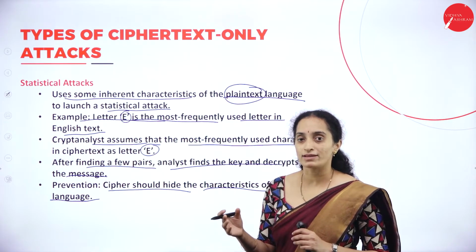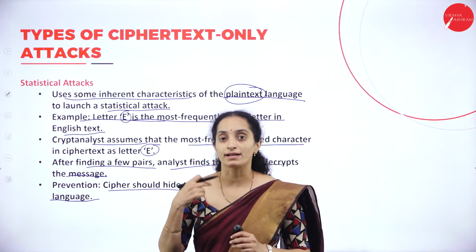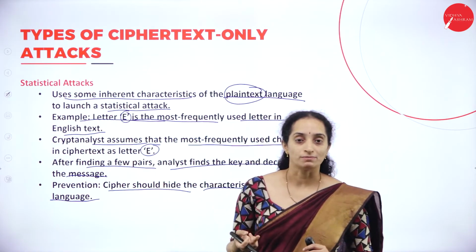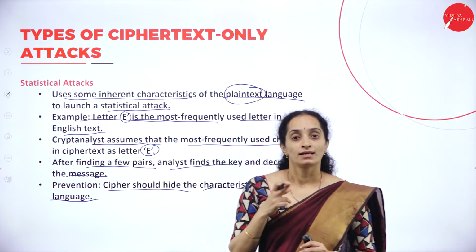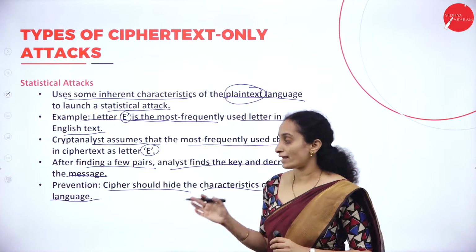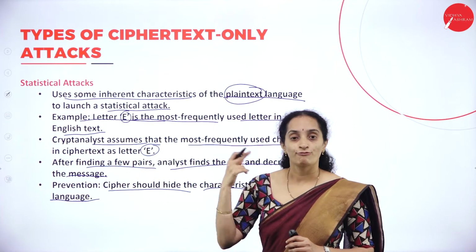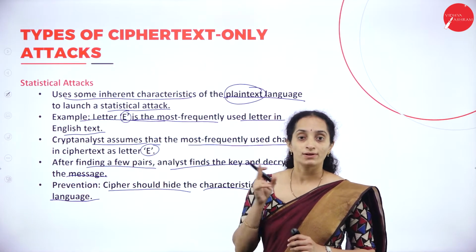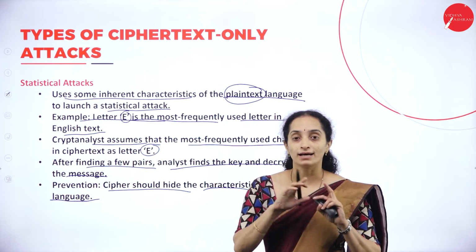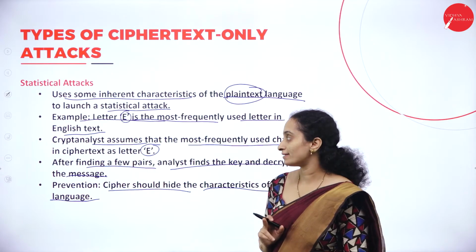Like in some languages, some letters will be repeated more times. Some alphabets will be repeated more times. So this general characteristic of a language must be hidden from the attacker or the adversary so that he will not be able to guess the repetition of the characters. Okay.